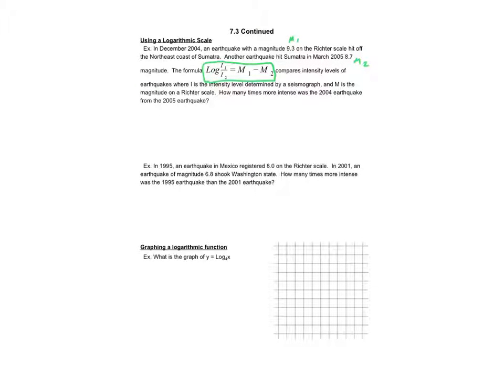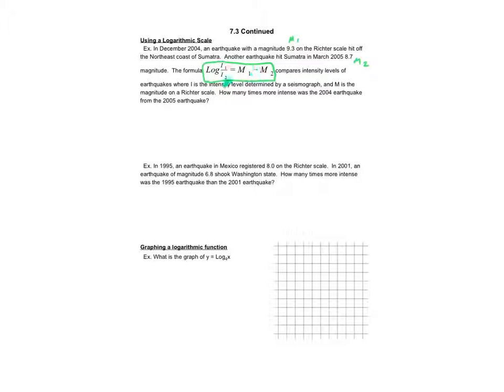Okay, so one of the uses of logarithms is for seismic graphs and the magnitudes for earthquakes. So this example here is in December of 2004, an earthquake with a magnitude of 9.3 on the Richter scale hit off the coast of Sumatra. After the earthquake hit, in March of 2005, another earthquake hit that was 8.7.